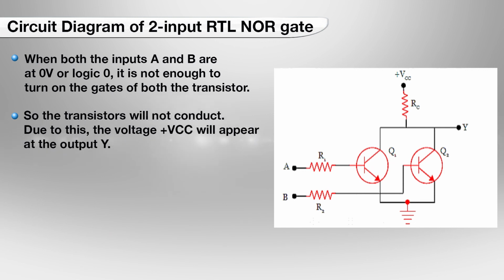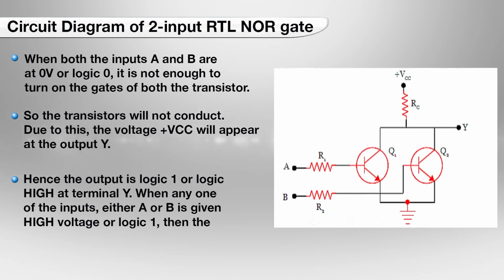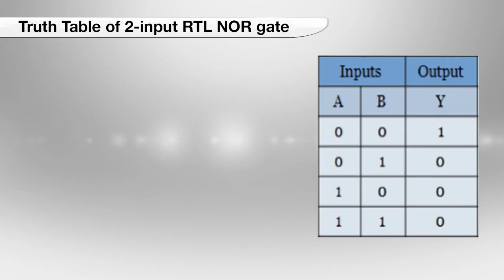Due to this, voltage VCC will appear at the output Y. Hence, the output is logic 1 or logic high at terminal Y. When either A or B is given high voltage or logic 1, the figure shows the truth table of the two input RTL NOR gate.